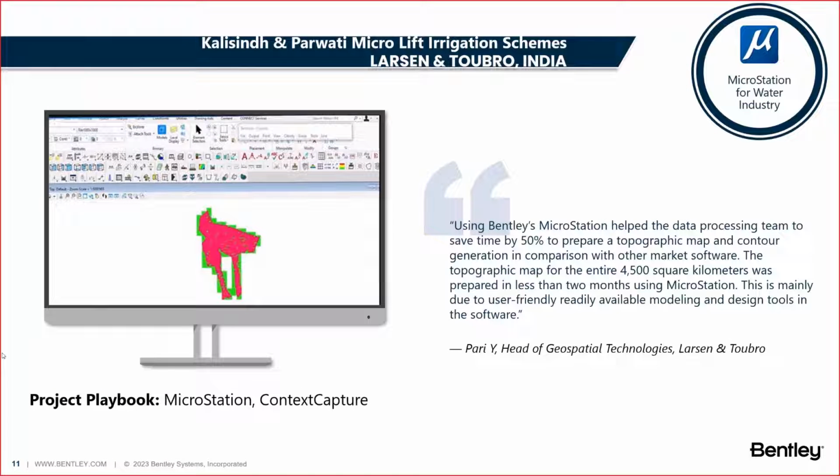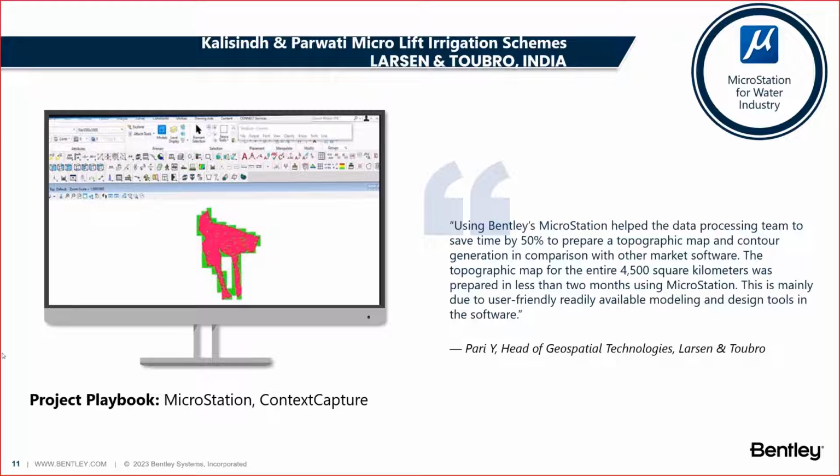Thank you again, Edu. Well, now we will talk about two use cases on designing geospatial context, including reality and GIS data. This first one is the Indira Sagar project, made by Larsen & Toubro in India.